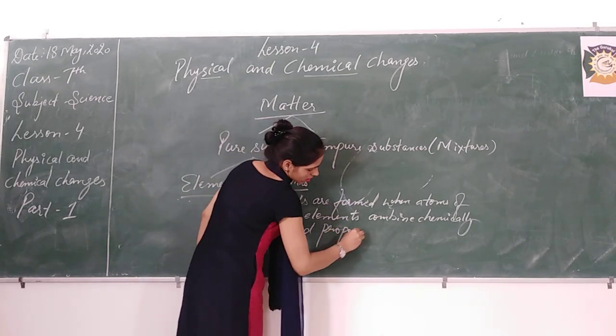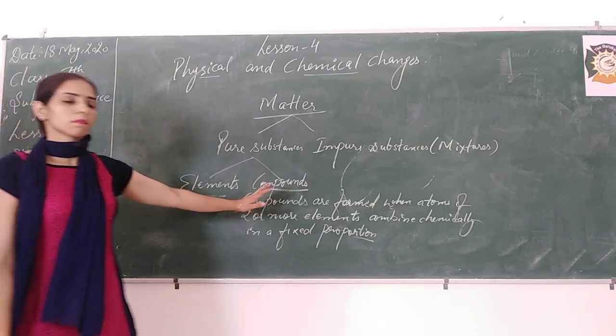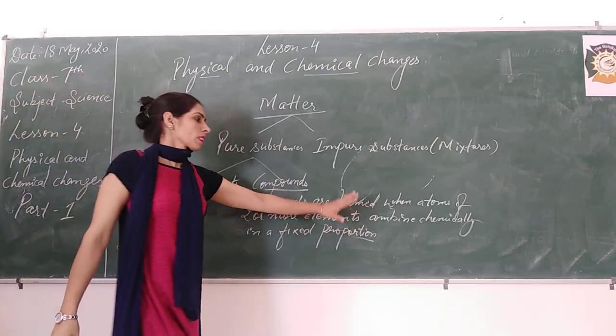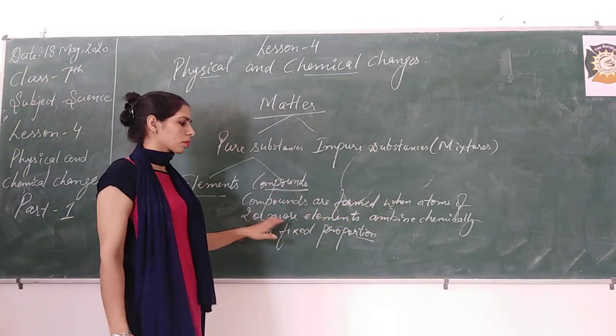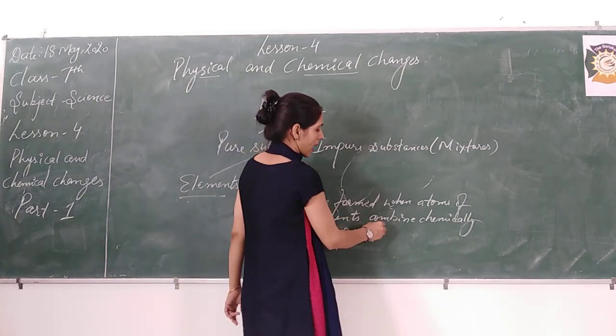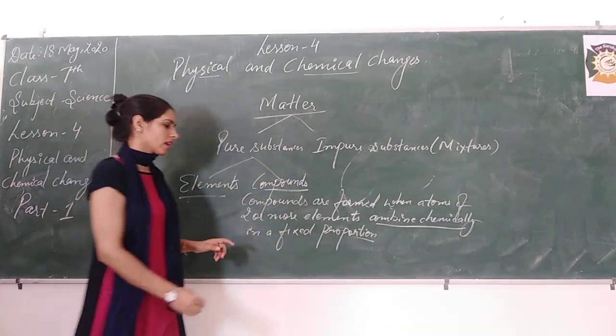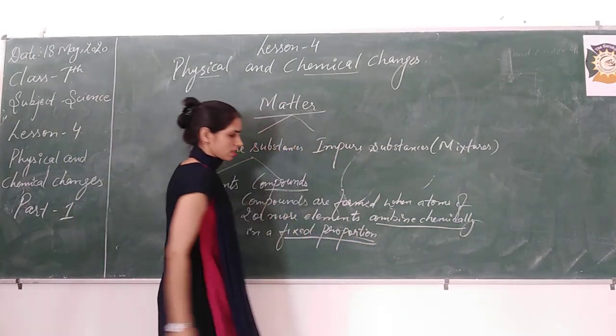Right, students? So compounds are formed when atoms of two or more elements combine, and how should they combine? They should combine chemically. And how? In a fixed proportion, right?